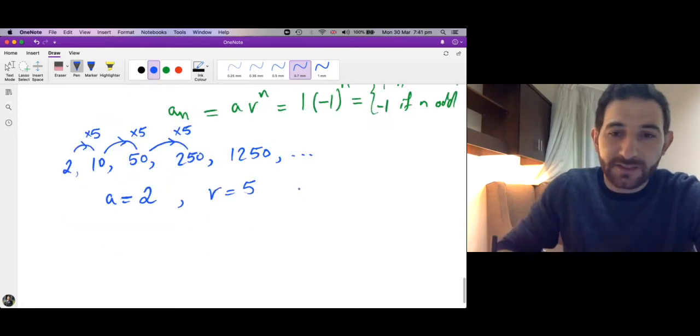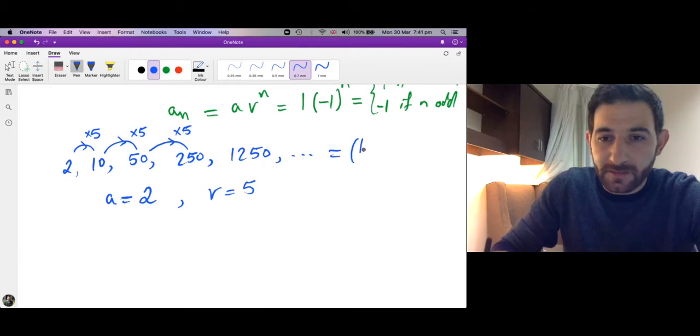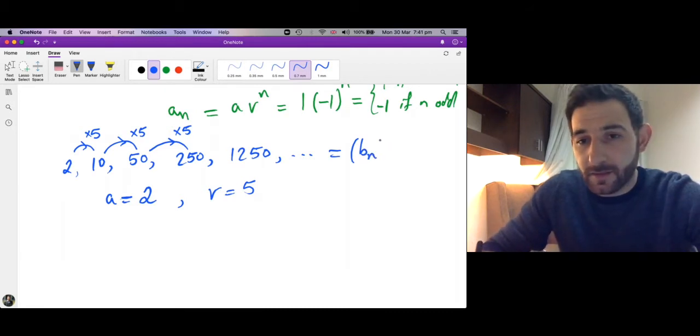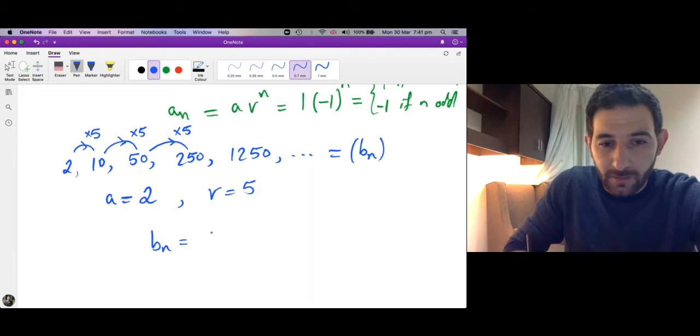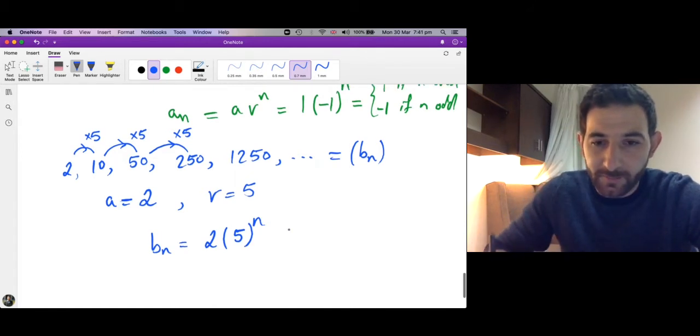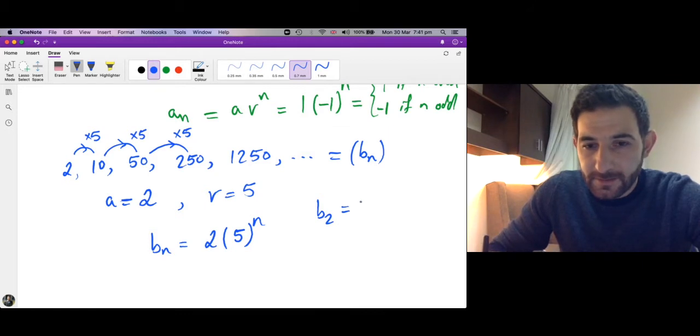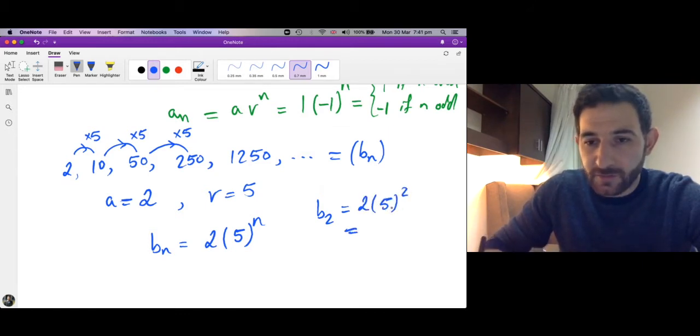And then if we call the sequence whose nth term is B_n, then it's clear that B_n is equal to A, which is 2, times the common ratio, which is 5 to the power n. See, for example, what's B2? It is 2 times 5 squared, and 5 squared is 25 times 2 is 50.